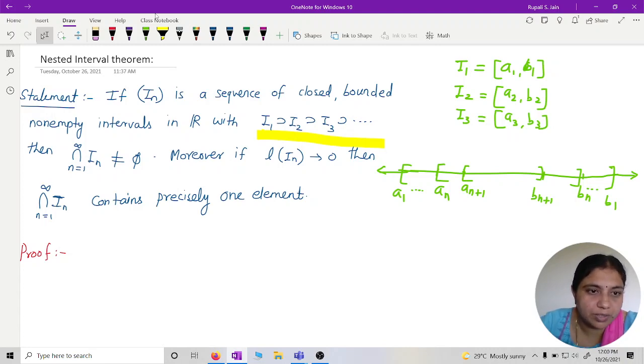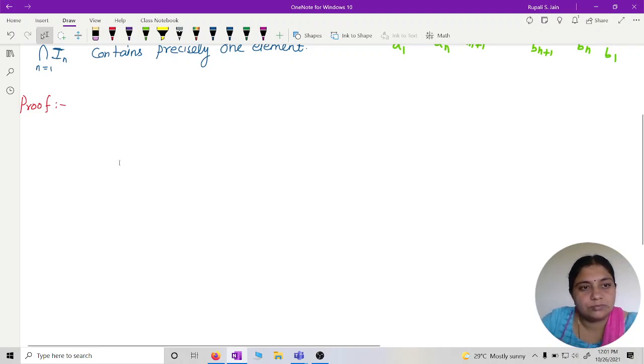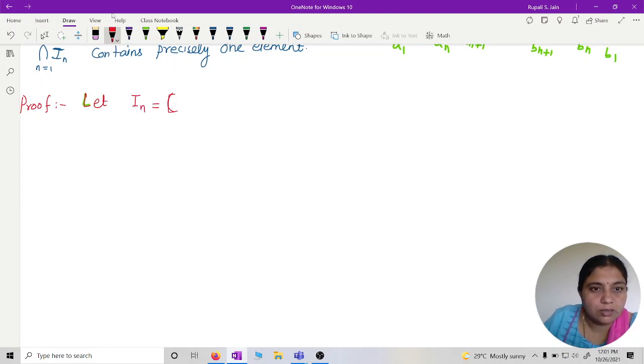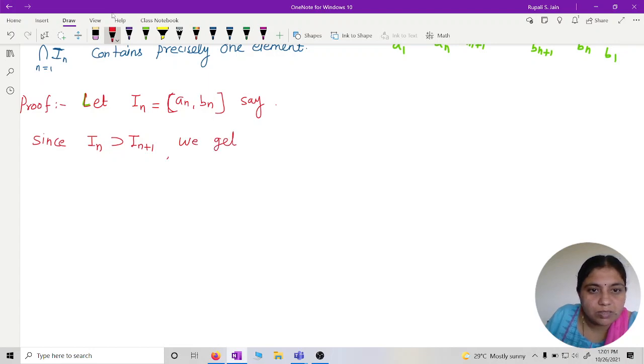We want to prove the intersection is non-empty. Okay, so let In be equal to, say, An, Bn. Since In contains In plus 1, what can I say about the sequence An?